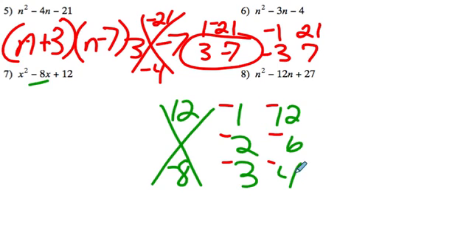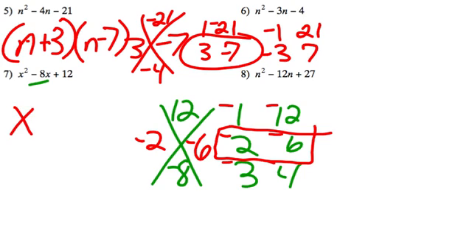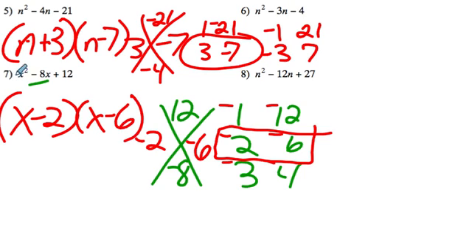So I just took that factor list for the factors of 12 and made both numbers negative. These two right here still multiply to a +12, but they add now to a -8. So x minus 2, x minus 6.